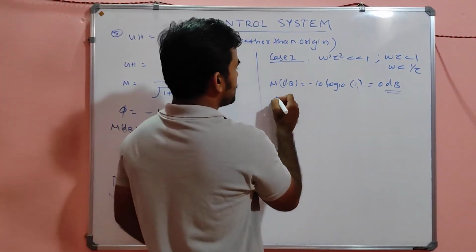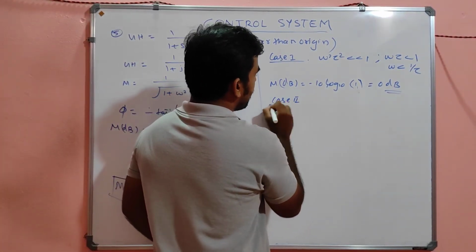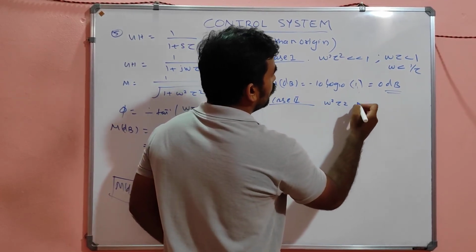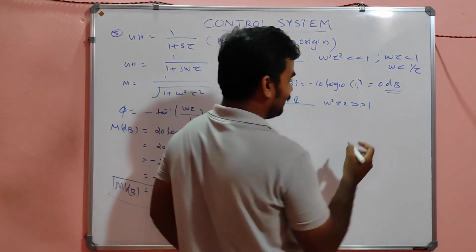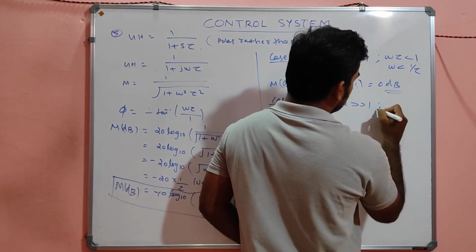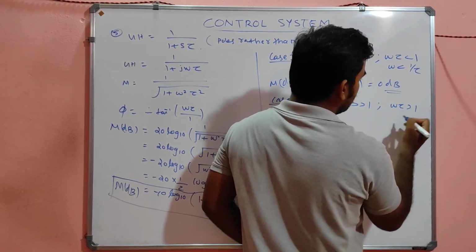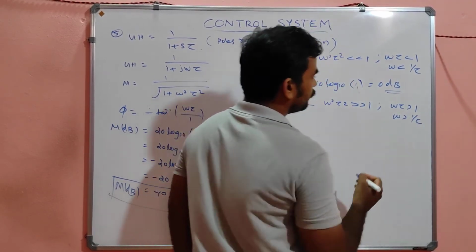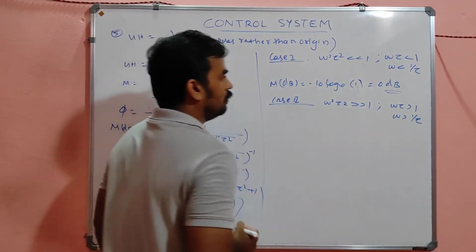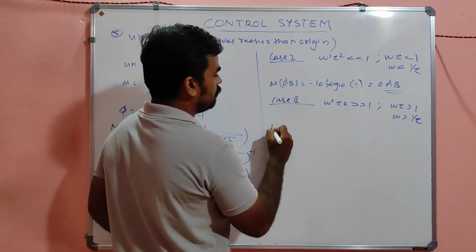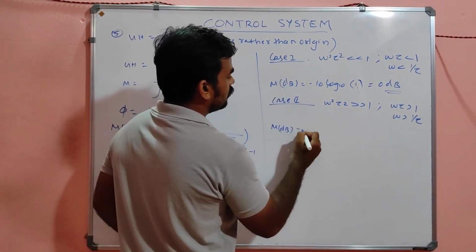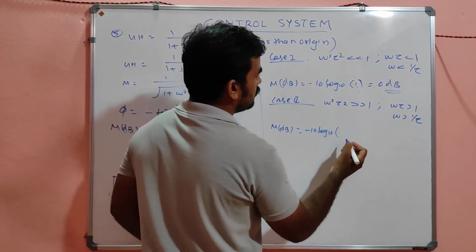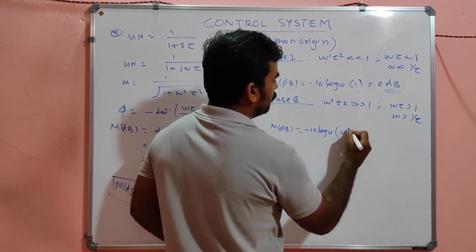And case 2: omega square tau square very greater than 1, which means omega tau greater than 1, or omega greater than 1 by tau. What happens then? M in dB is minus 10 log 10 of omega square tau square.